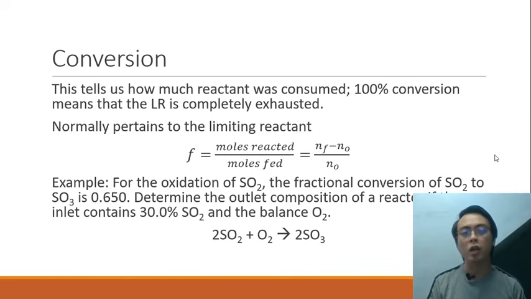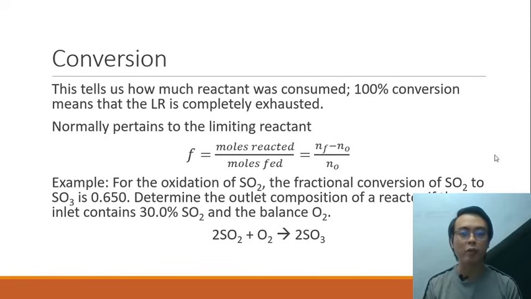To give you a benchmark, if we say that we have 100% conversion, that means that your limiting reactant was all consumed or totally exhausted. So anything less than 100% conversion is already an incomplete reaction. Again, 100% conversion is a complete reaction. Anything less than 100% is an incomplete reaction.